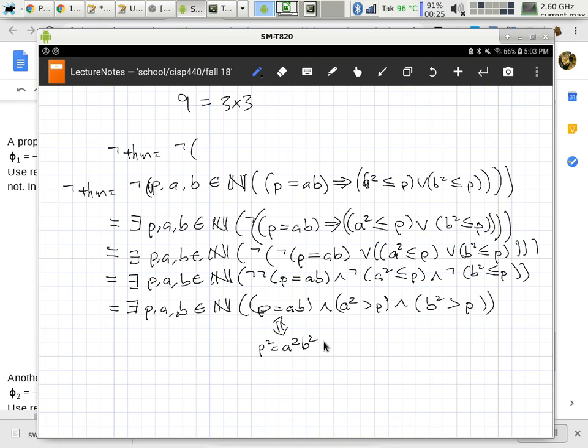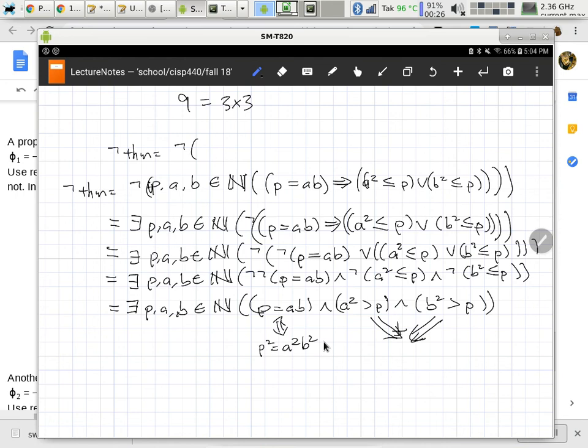Okay. So if you combine this fact here, P squared is defined to be A squared times B squared, doesn't that conflict with the other two conditions? Because if you combine these two, this is implication. We know that A squared is non-negative. We know B squared is non-negative.